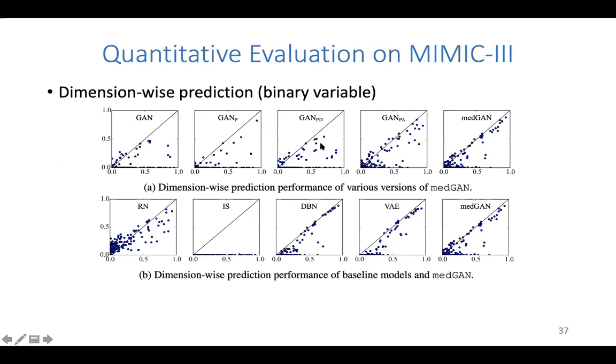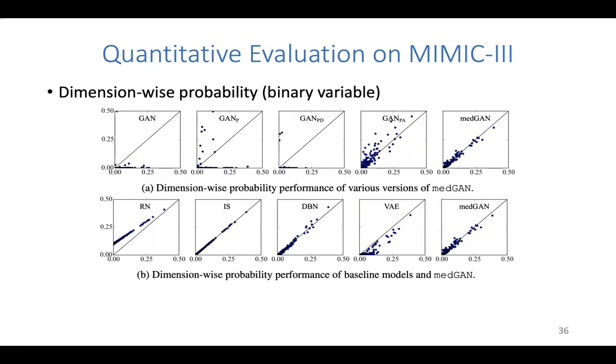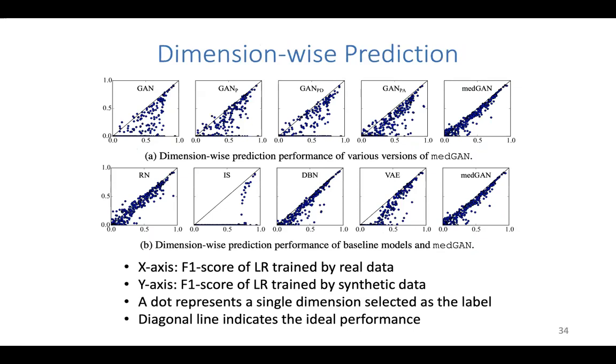And for dimension-wise prediction, MedGAN does slightly better than DBN and VAE, but the overall performance is way more decreased than here.